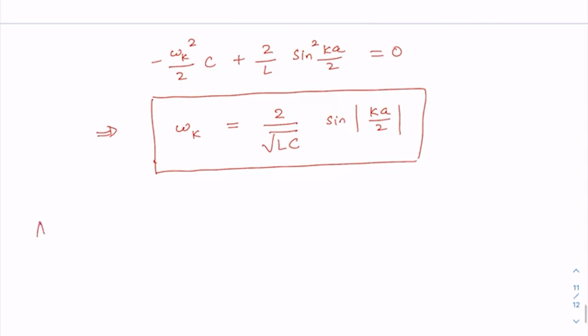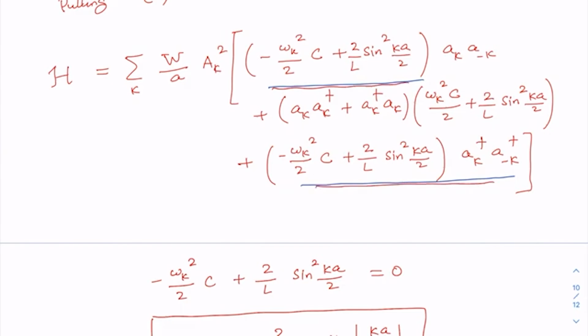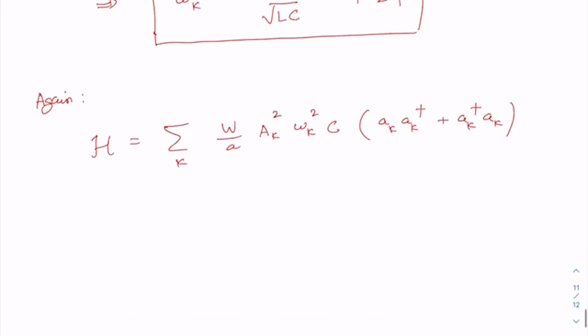Okay, now because these two terms are 0, these two terms are not there, we can write our Hamiltonian as sum over k W by a a_k square omega_k square c, and here I have a_k dagger a_k plus a_k a_k dagger, which further I can write as summation over k W by a a_k square omega_k square c times twice a_k dagger a_k plus 1.